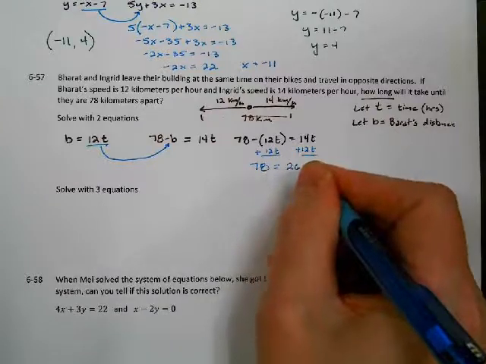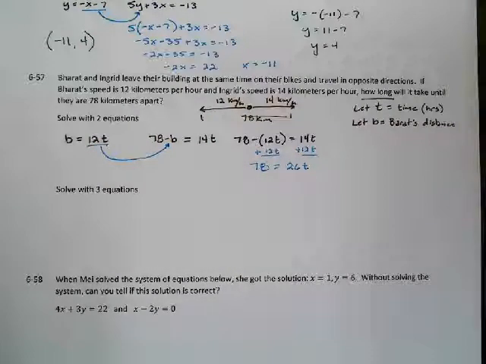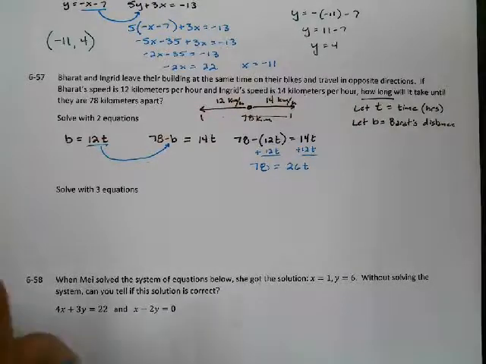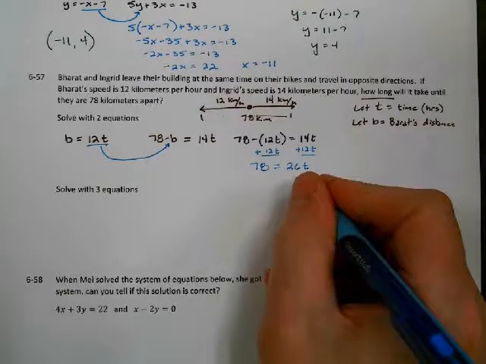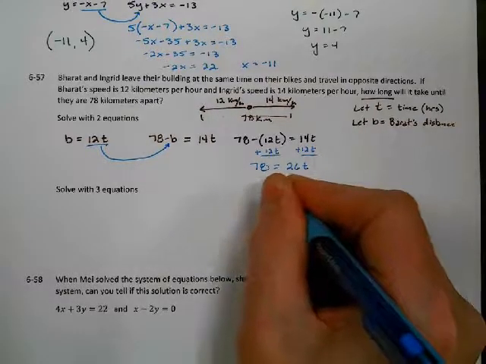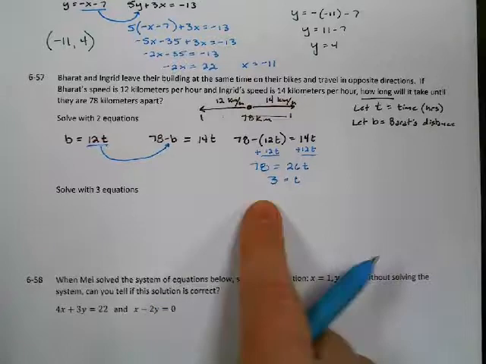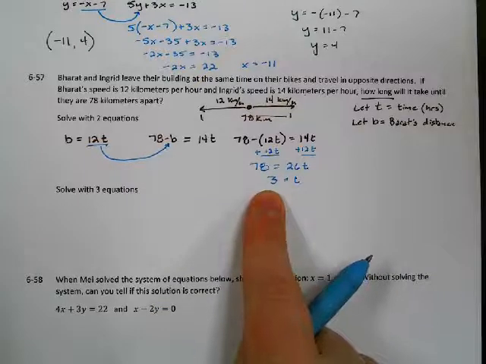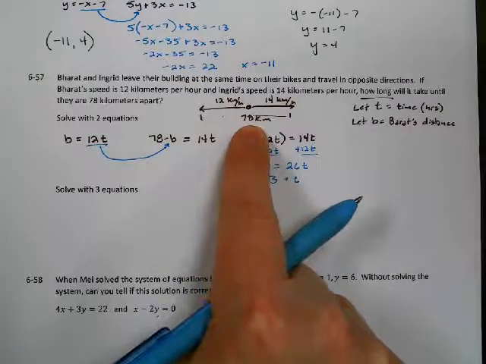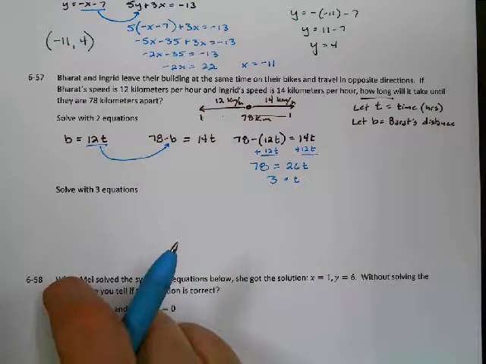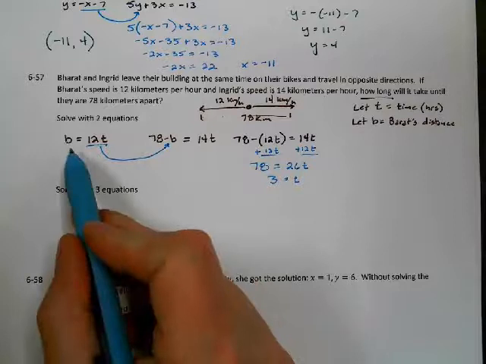I think that goes in there evenly. It definitely does. That's 3. So dividing by 26 on both sides, I get that t is equal to 3. So it took them 3 hours to get the 78 kilometers apart. Now, if I wanted to find out how far did Bharat travel, Bharat is 12 times t, 12 times 3.